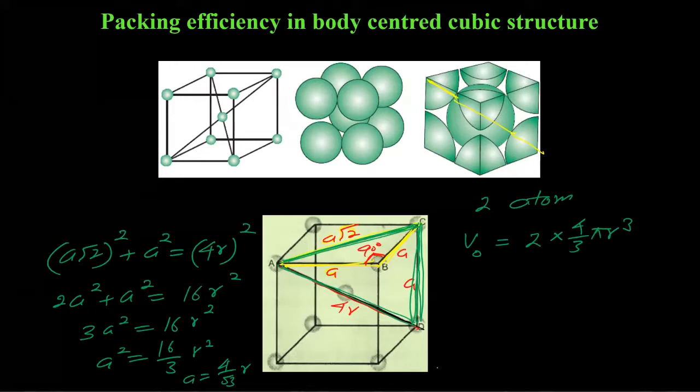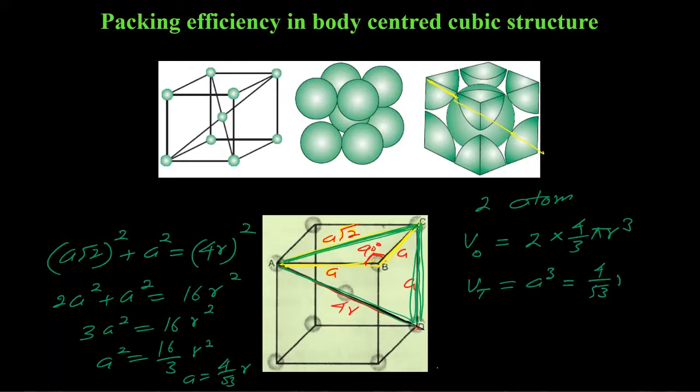The moment we get A equals 4 by root 3 r, we can calculate the total volume equal to A cube, that is 4 by root 3 r whole cube. We get 64 by 3 root 3 r cube. The occupied volume we know is 8 by 3 pi r cube.